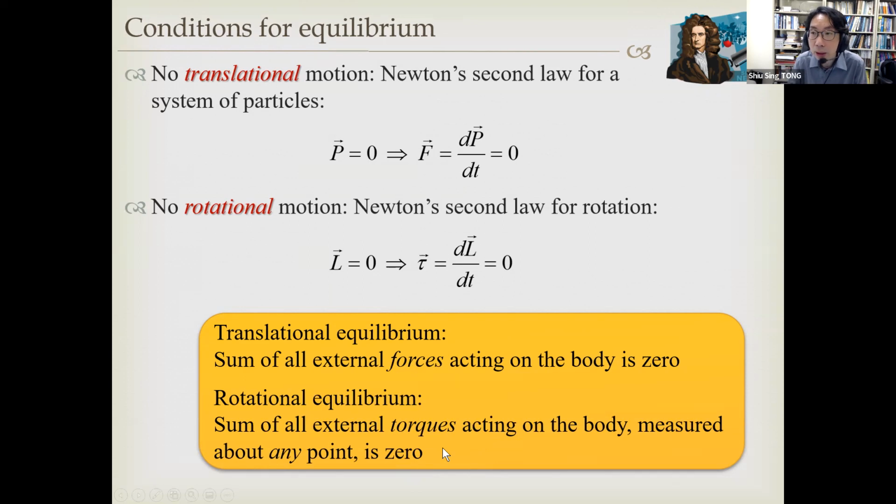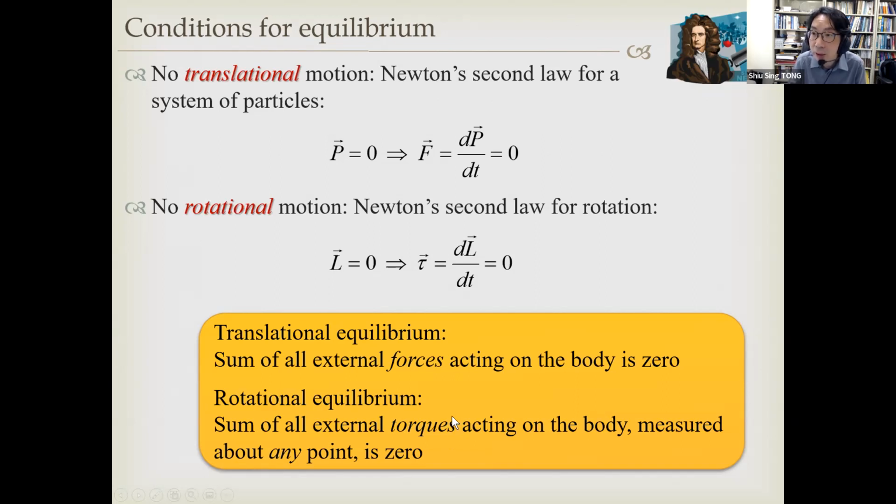Now, I will not go into the details of this theorem, but I just want to let you know that it is sufficient for you, if you find that the body is not moving, it is in translational equilibrium, then you can simply calculate all the torques about any point on the body.